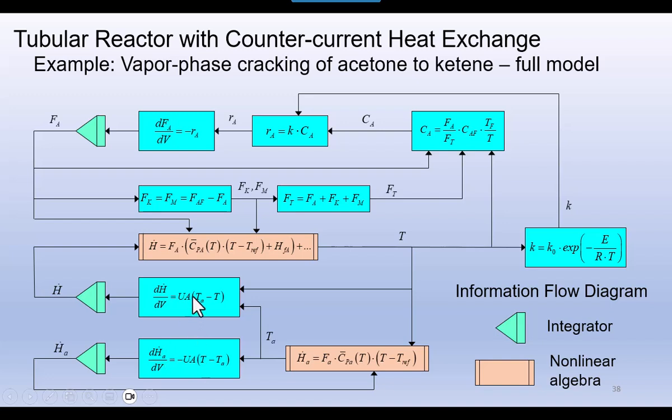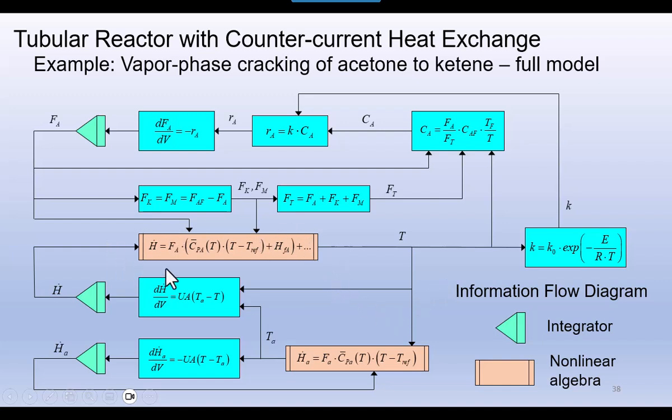And then we have our main differential equation for the acetone disappearance. And we have our stoichiometric relationship and total flow relationship, and computing again the concentration of A to go in here. And that requires the temperature, as does the Arrhenius expression. So where do we get the temperature?